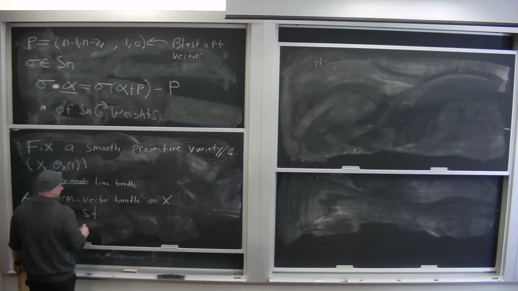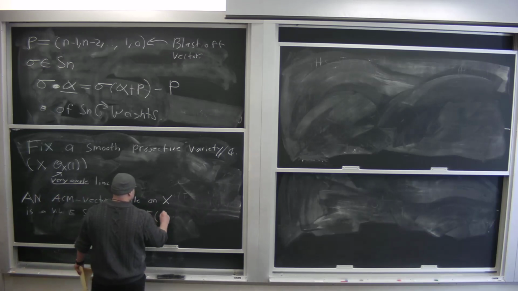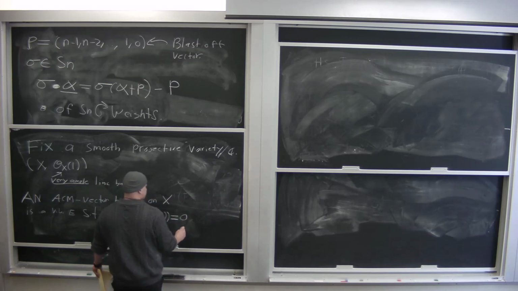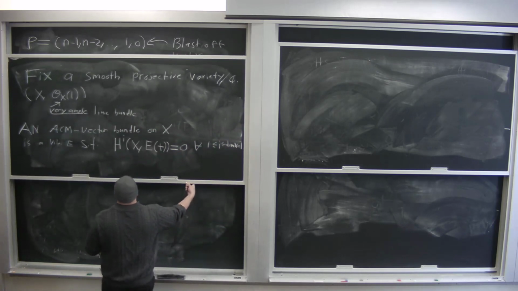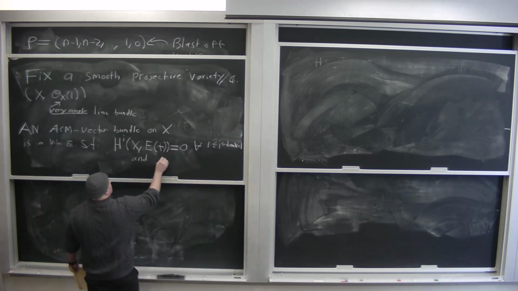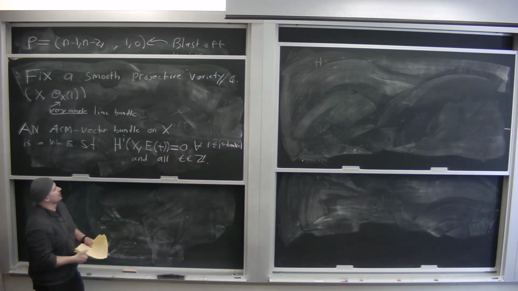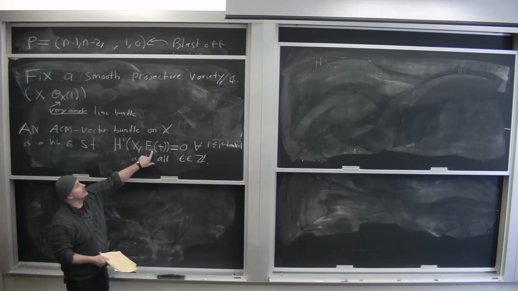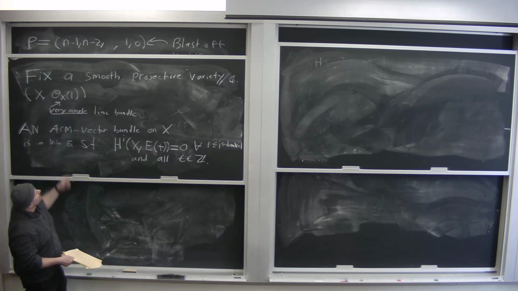So it's going to be a vector bundle E such that H^i(X, E(t)) is 0 for all i between 1 and the dimension of X minus 1, and all t in Z. So E(t) is what happens when you take E and twist it by O_X(t).